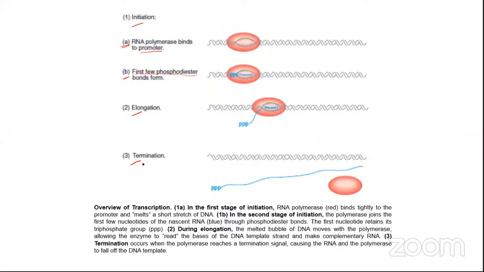And finally, when the process reaches a site which is referred to as the terminator site or the termination site, it is again a sequence which is very similar to that of the promoter.